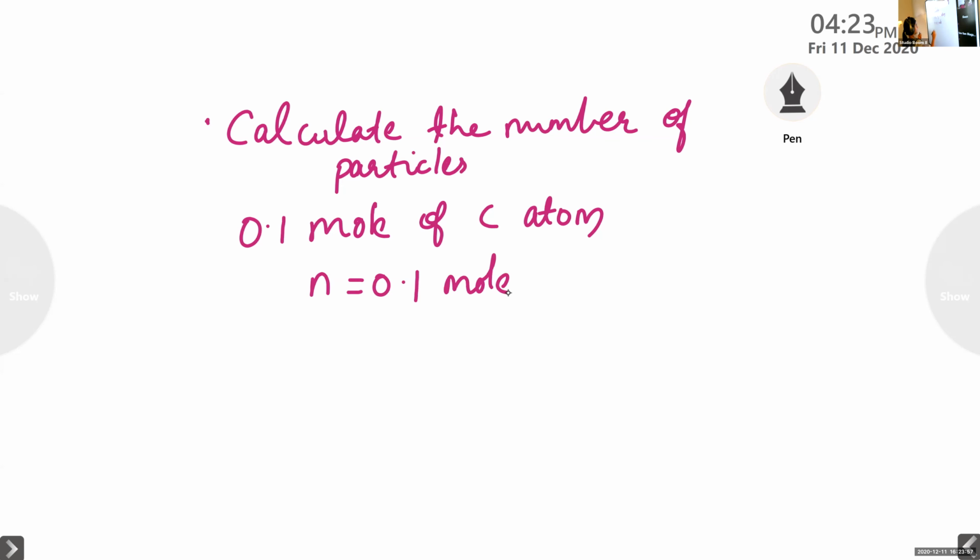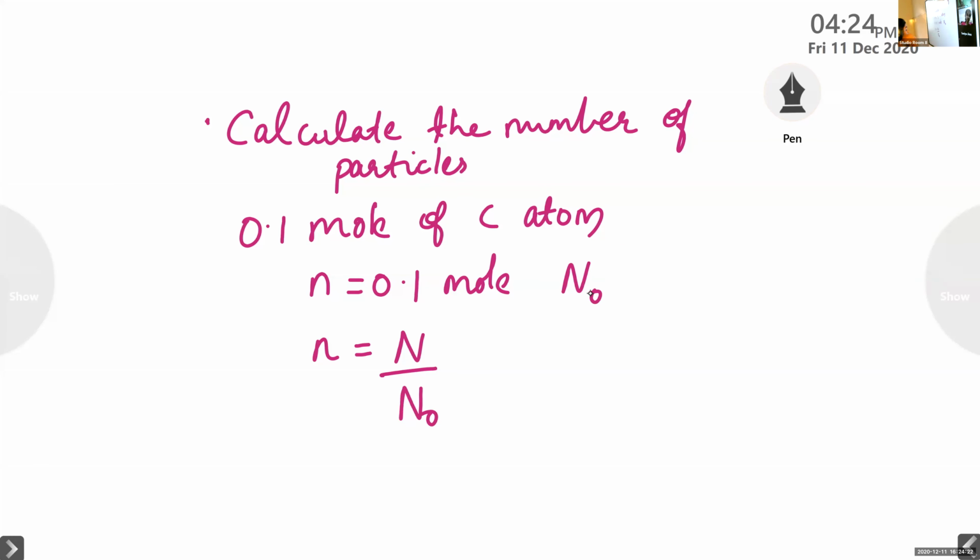We have to find out N. N is equal to n into N0. Here the n is provided and we know the value of N0. We have to find out this N.